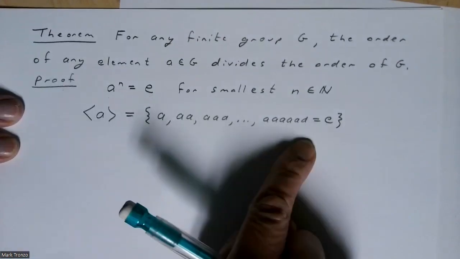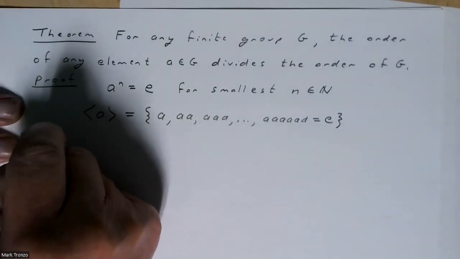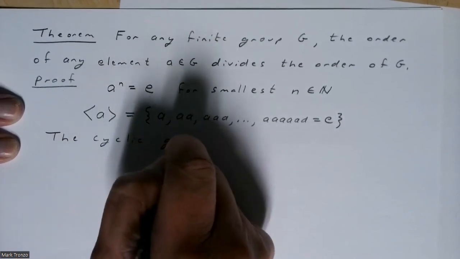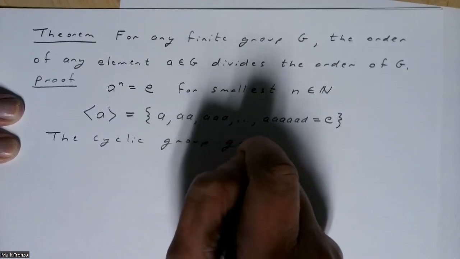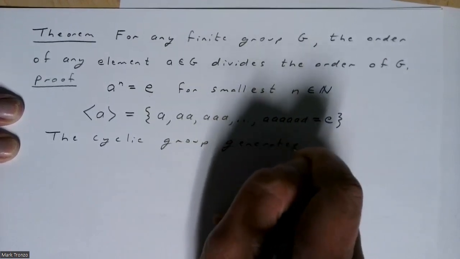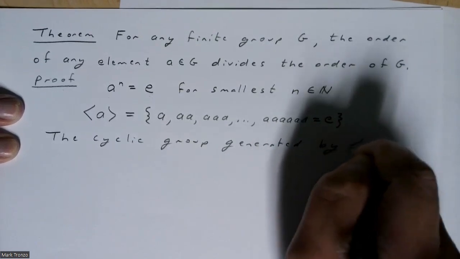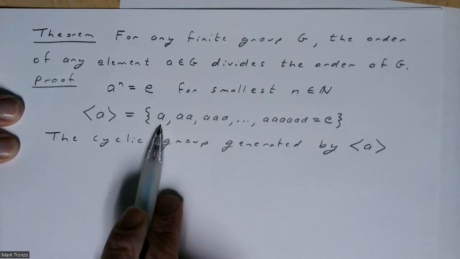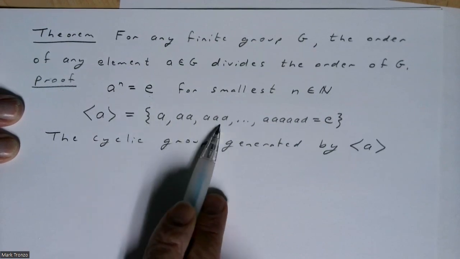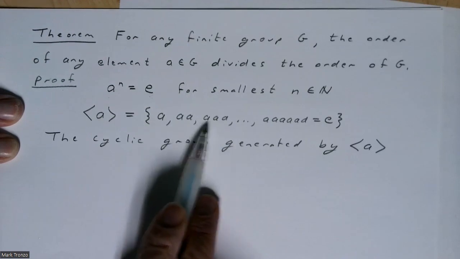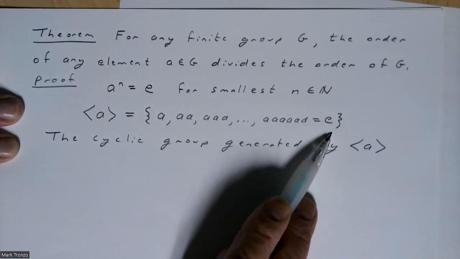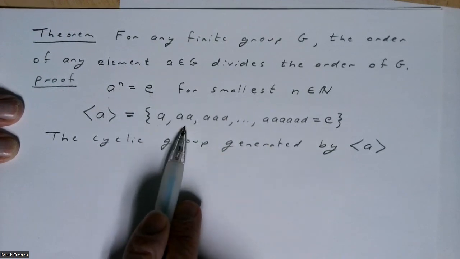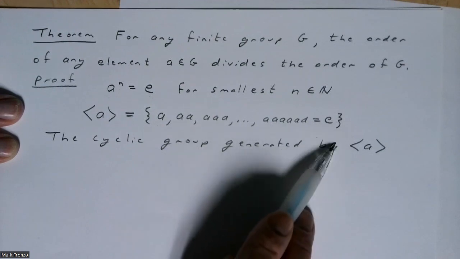So the cyclic group generated by A will have the same order as A itself, because whatever number of times you have to apply the binary operation to A to get the identity will also be the number of elements in the subgroup.